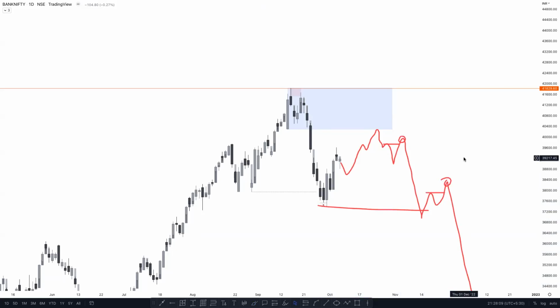Now switch into lower time frame in a 5 minute, then we can see better what is happening here.